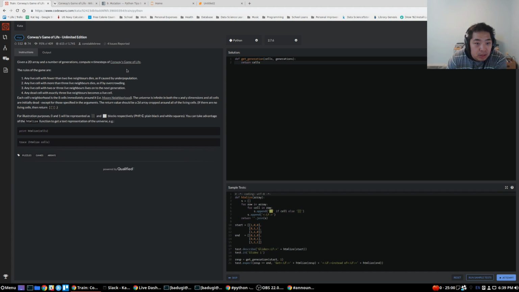The universe is infinite in both the x and y dimensions, and all cells are initially dead except for those specified in the arguments. The return value should be a 2D array cropped around all of the living cells. If there are no living cells, then return nothing.